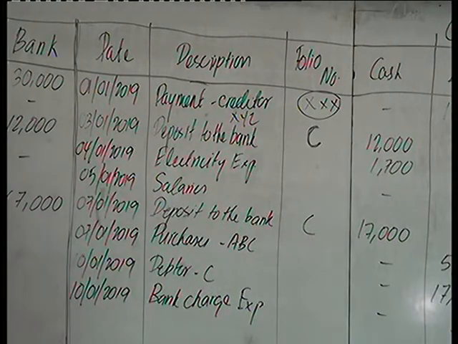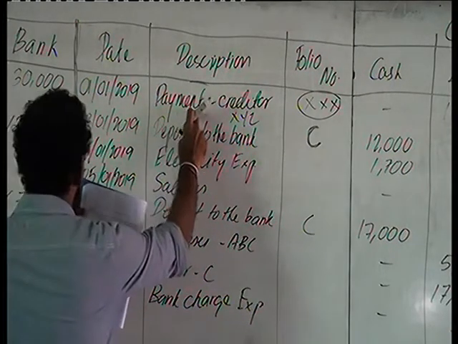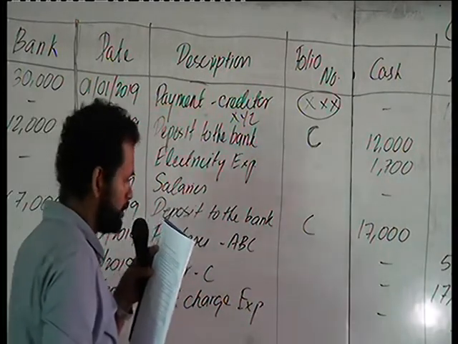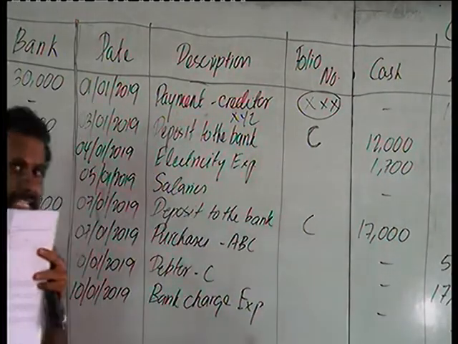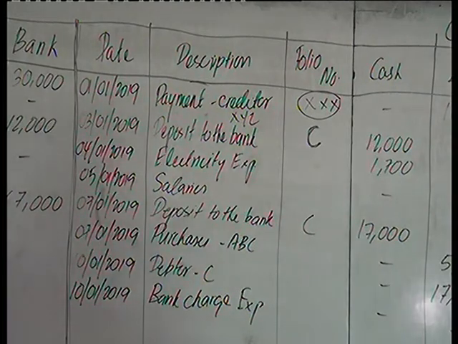XYZ Limited has informed that check received by them was returned by the bank. So we have paid XYZ, that is on 1st January we have paid 10,000 and the bank has returned it back to them. That means there might have been an error in the check. So what will happen? That payment is not effective, therefore we'll have to reverse that.